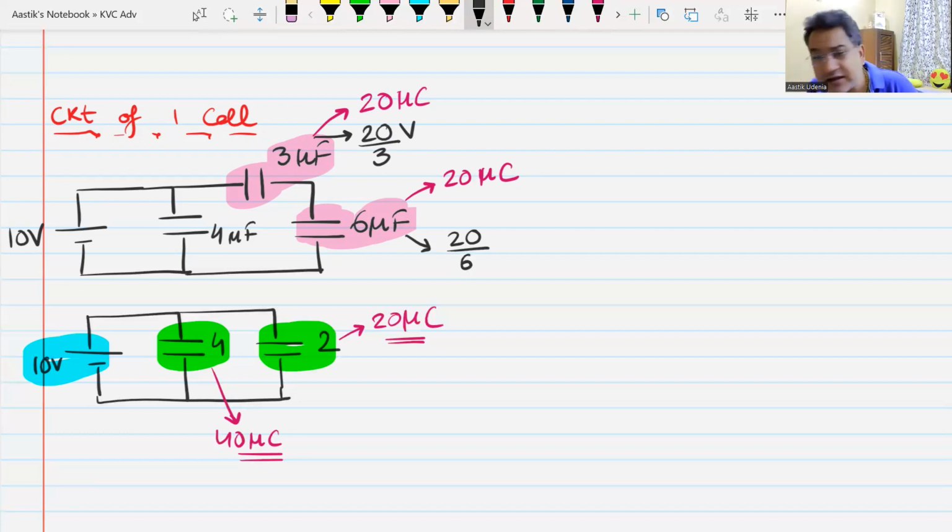If you add both of these, you will end up with 10 volts. That is the total potential drop. The potential drop across this capacitor is obviously 10 volt. That is well evident. So, if you remember simple things correctly, you should be able to solve the circuit very fast.